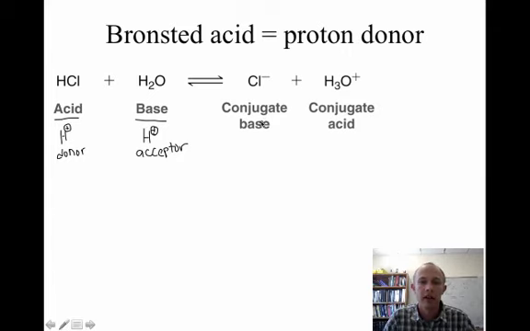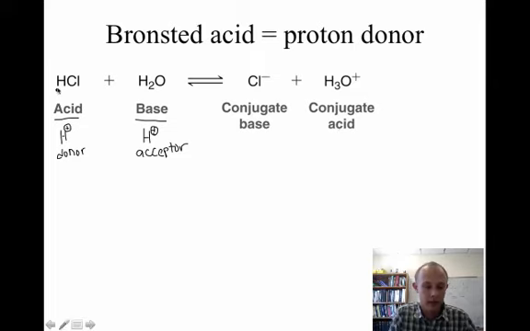The conjugate base is the thing that lost the proton on the product side. The conjugate acid is the thing that gained the proton on the product side. For any acid-base reaction, I want you to be able to identify the acid and the base, also the conjugate base and the conjugate acid.